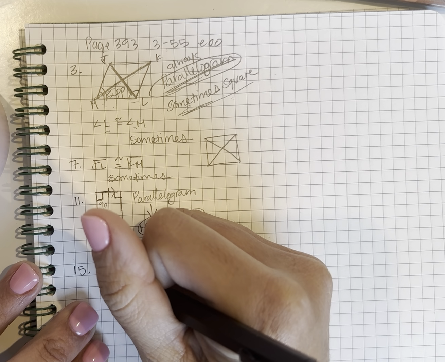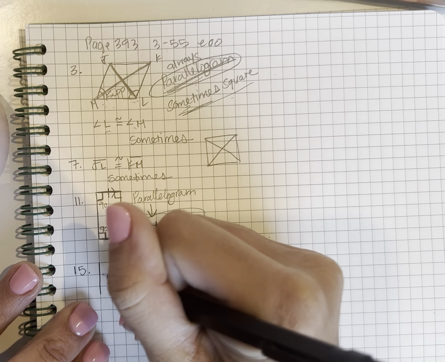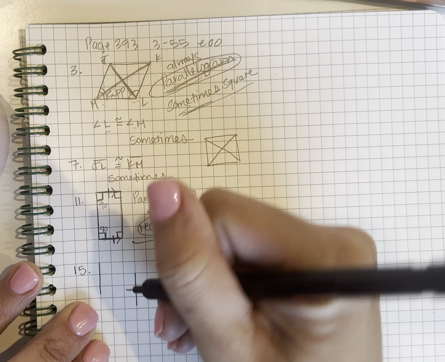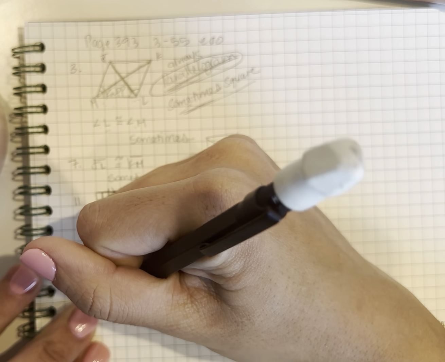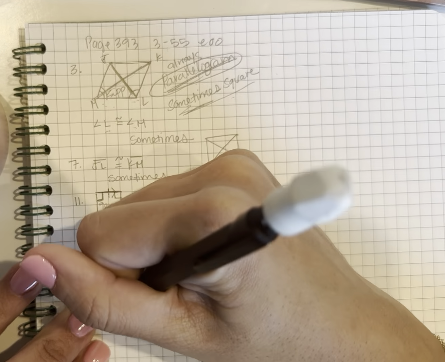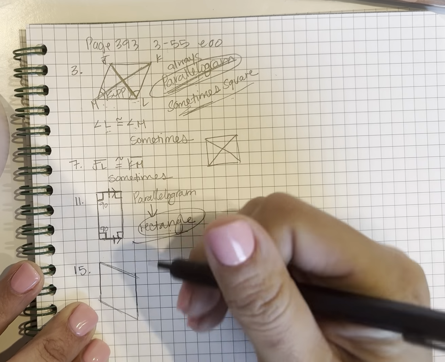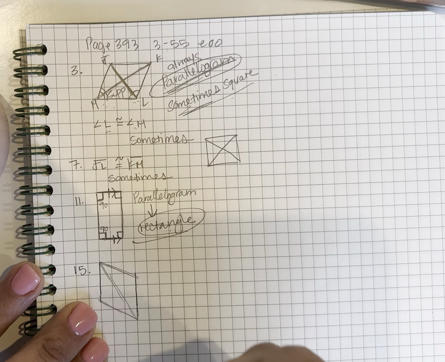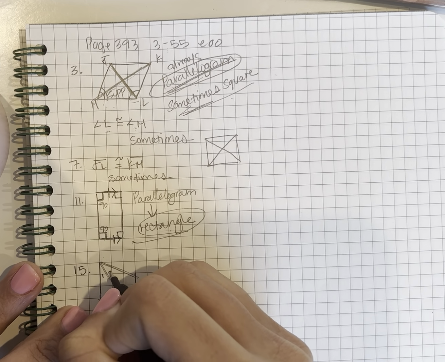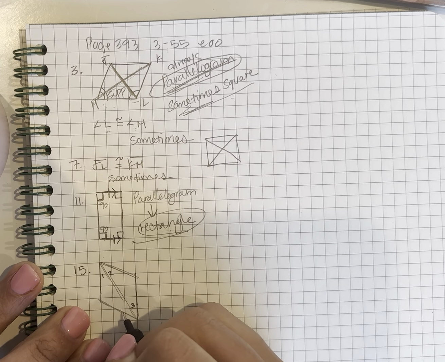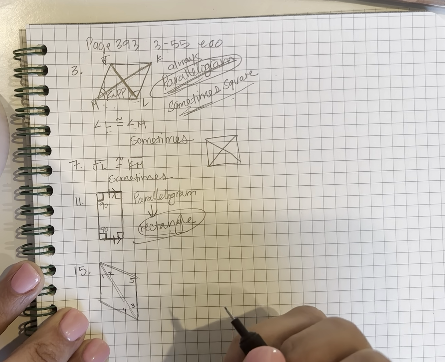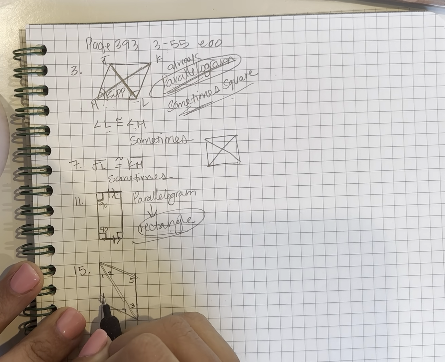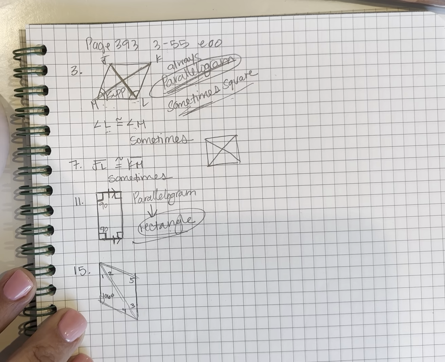Find the measure of the numbered angles in the rhombus. So we know this guy's a rhombus. And then we have all these numbers, 1, 2, 3, 4, and 5. And then they give me only one angle and they tell me that this one is 106.